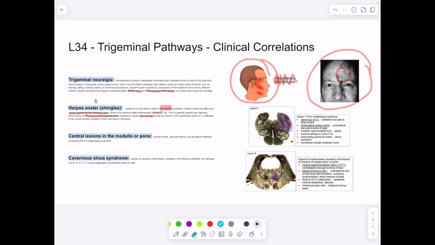All right, what if you have lesions? So if you have central lesions on the medulla or the pons, the medulla would have the nucleus of 5 tract going down, and also the spinal nucleus of 5, and then the pons has the chief nucleus of 5 and the mesencephalic nucleus. So if you have a central lesion in the medulla or the pons, this would be PICA or Wallenberg syndrome.